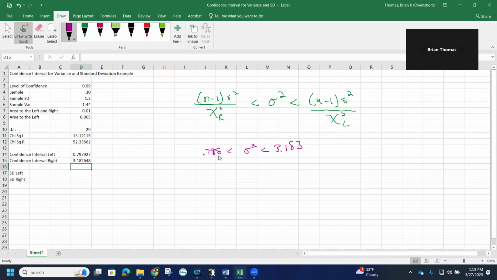So notice how we do get our confidence interval. So we're 99% confident that the population variance is going to be between 0.798 and 3.183. Notice how our sample variance was 1.44. So we're saying the population variance is going to be, with 99% confidence, between these two values.